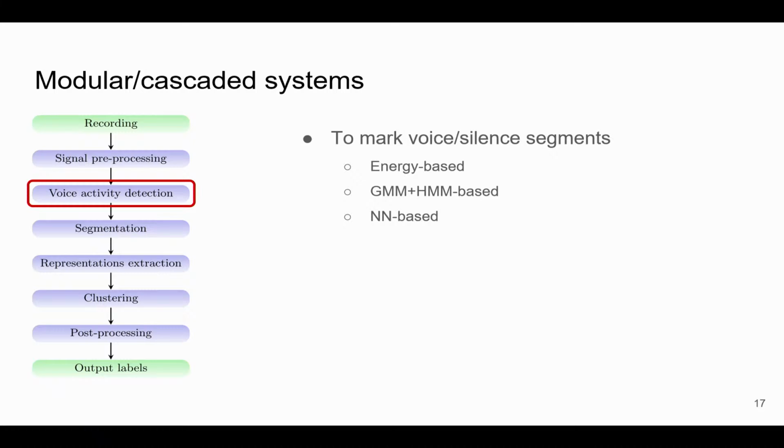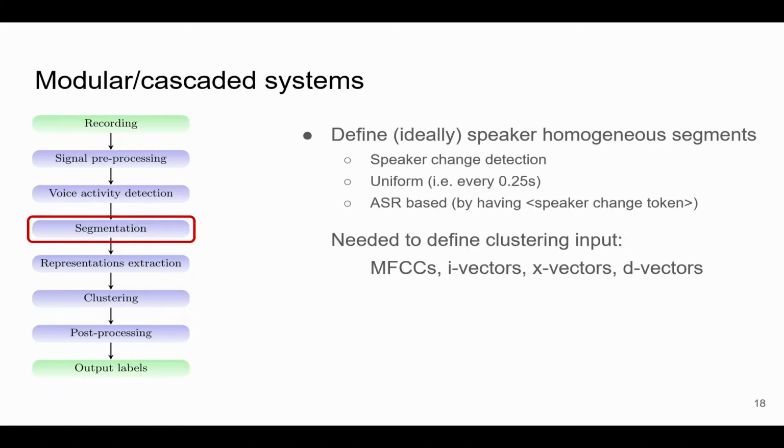Throughout time, GMMs with hidden Markov models have been quite explored in this direction. But nowadays, and from already a few years ago, neural networks dominate the scene in terms of voice activity detection.